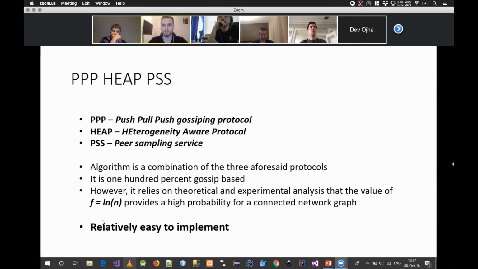Let the size of that peer subset be denoted with F, and let that peer subset be of the same size for each node in the network. So periodically, each node selects the same number of nodes from the set of all other nodes and disseminates information about transactions to that peer subset.